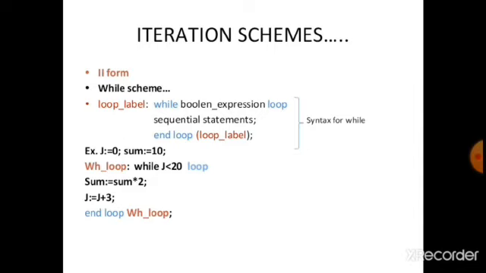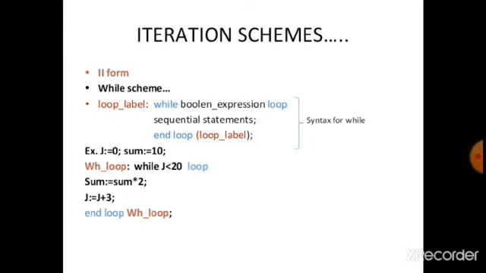In the same way, let us study the second form of the iteration scheme, which is the while scheme. First, let us write the syntax of the while. Once again, all the parts of the common syntax are the same except the iteration scheme.